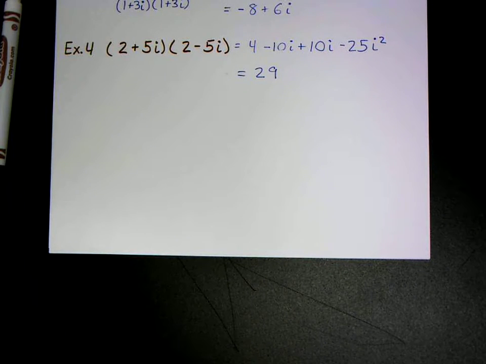Just like in a polynomial, whenever we have a 0 in front of an x, we don't necessarily write it. If we did that, that would mean that for the rest of the year, every time you write a 4, you'd have to write 4 plus 0i. We're not going to do that.